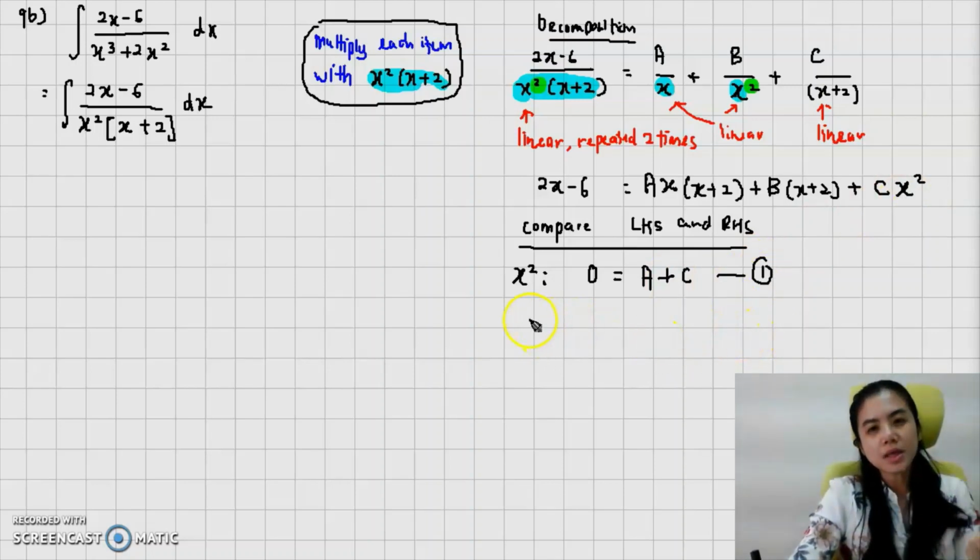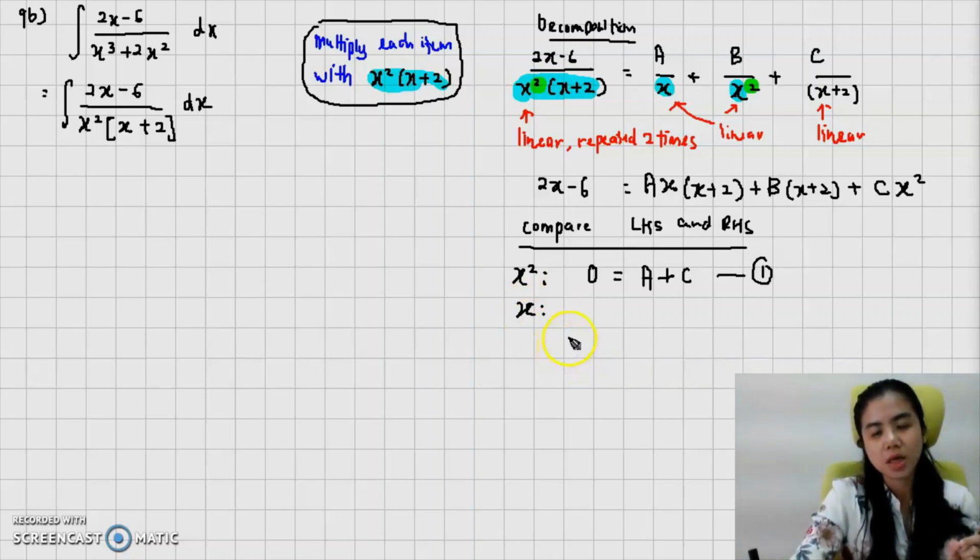The second line that you're going to do is compare the value, or the coefficients, for the x. For the left hand side, the coefficient of the x is obviously 2. So instead of writing 2x, you write 2. How about the right hand side?